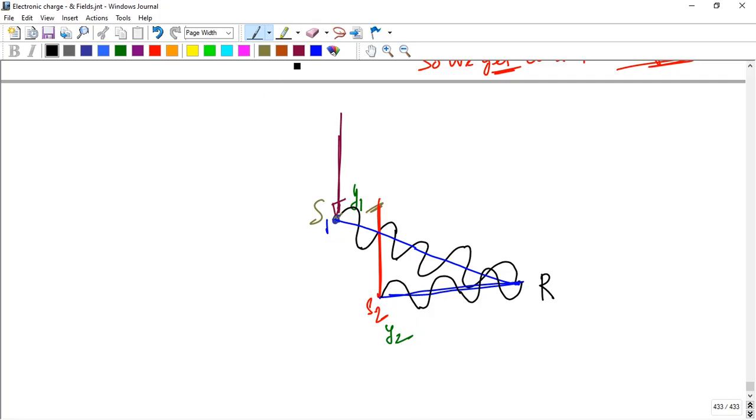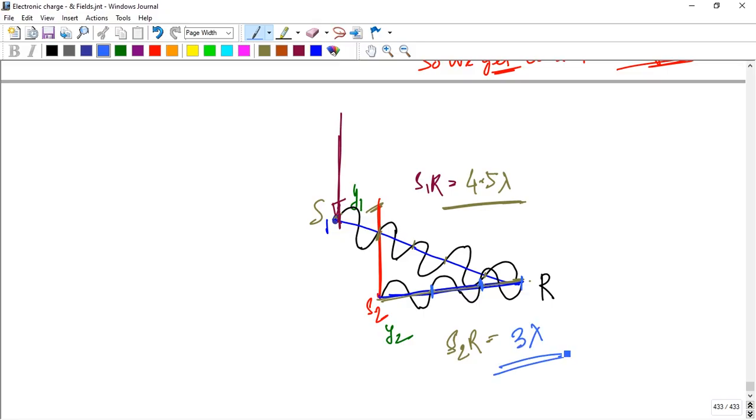Now the path from S1 to R is from the y1 wave. Counting the wavelengths, 1, 2, 3, 4 and 4.5, that is 4.5 lambda. And the length S2R is 1, 2 and 3, that's 3 lambda.